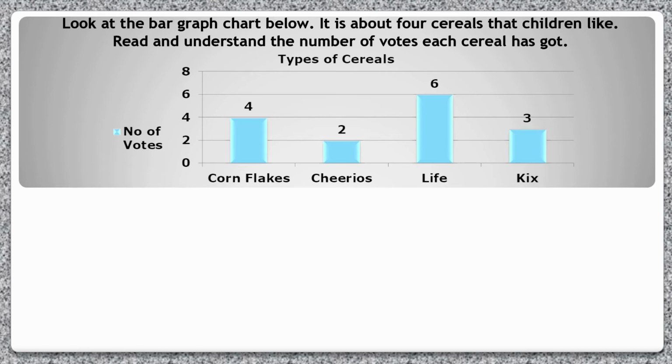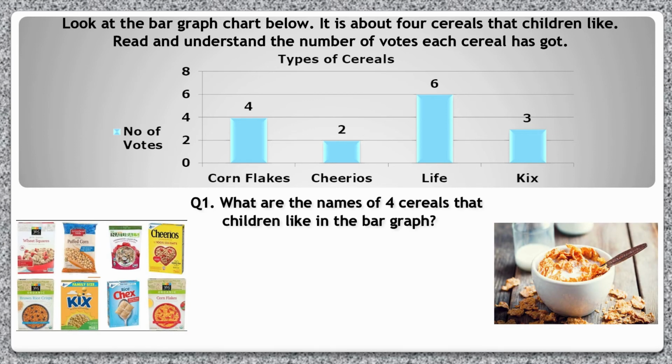Now, I will ask questions from you and you have to give the answer. First question. What are the names of cereals that children like in the bar graph? Yes, the right answer is children like cornflakes, Cheerios, Life and Kix.